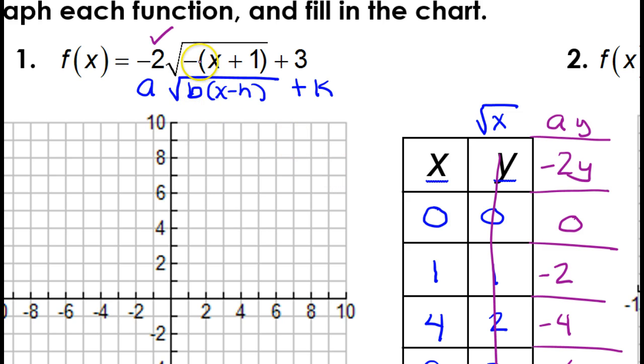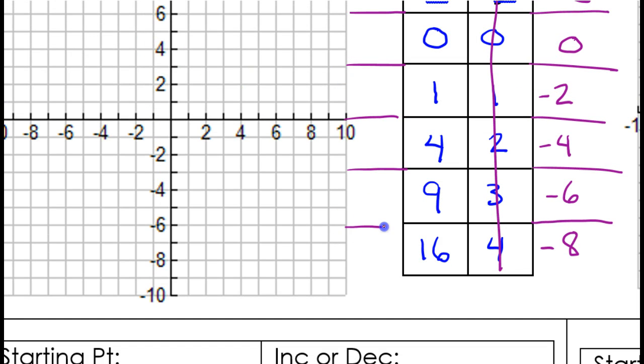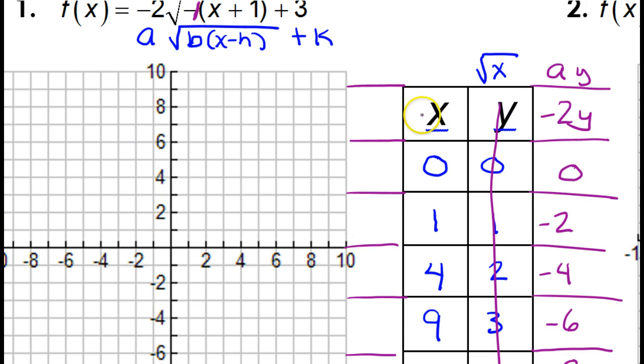Now, there's also a b value. Our b value is negative 1. So whenever there's a b value, you're going to make a new x column. Whenever we make the new x column, what we do is we do the reciprocal of the b value times all the x's.